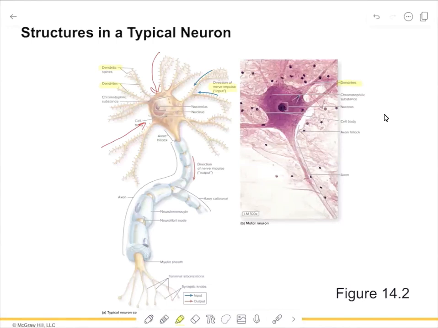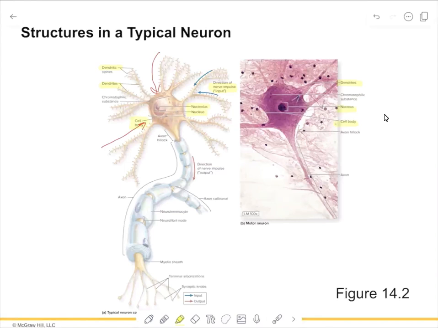The next part of the neuron, which has a nucleus and a nucleolus, is called the cell body or the soma. The cell body is responsible for integrating all of the incoming information and deciding what to do with it.